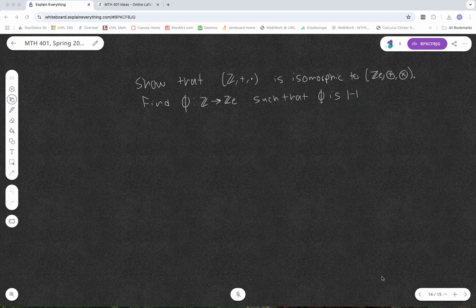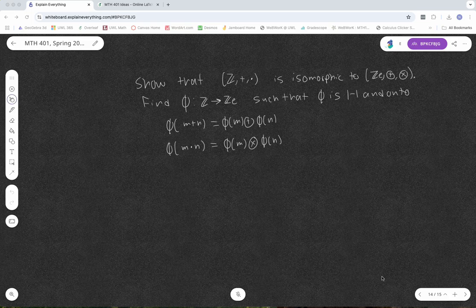Phi is 1-to-1 and onto, and then phi of m plus n equals phi of m plus phi of n, and then phi of m times n is phi of m times phi of n.